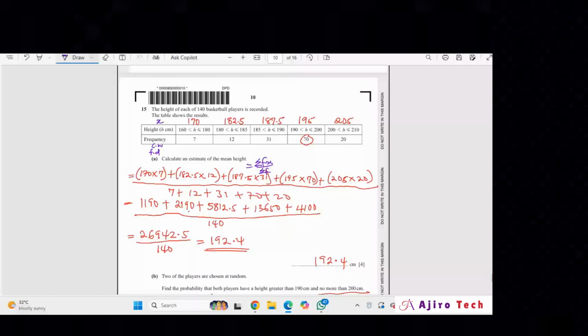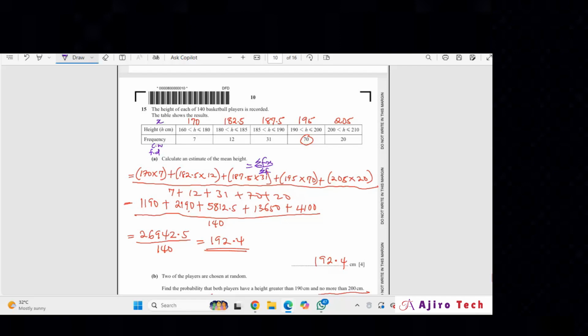Now, I want us to see how we can get the class width. Whenever you want to get the class width, it's as simple as ABCD. So you just need to do your work very well.